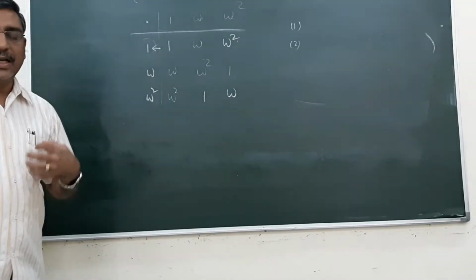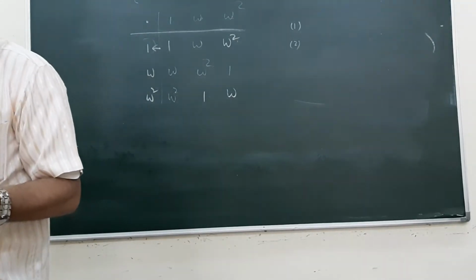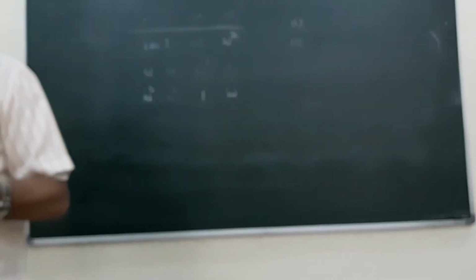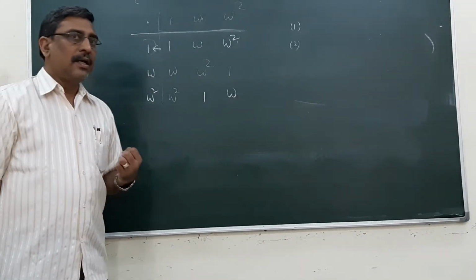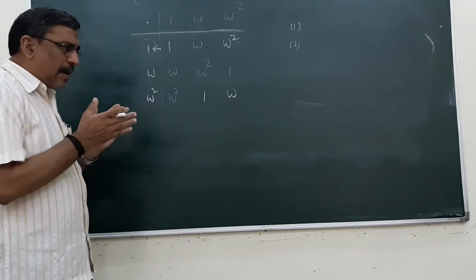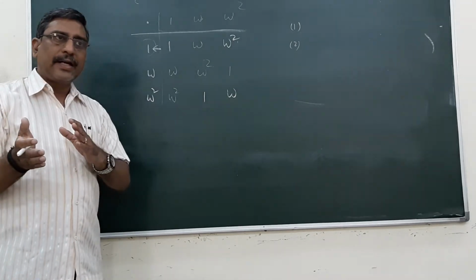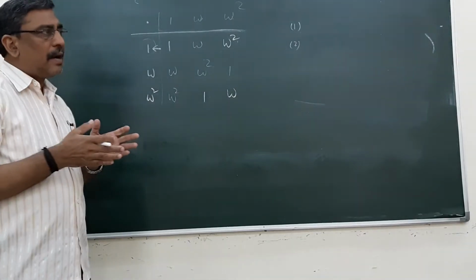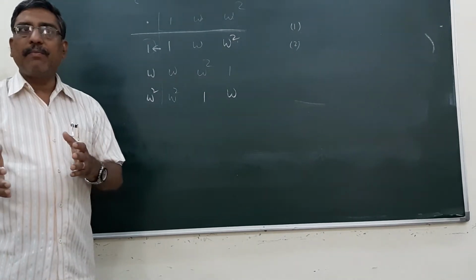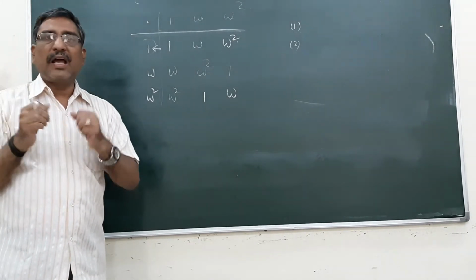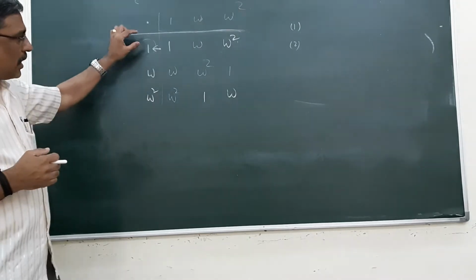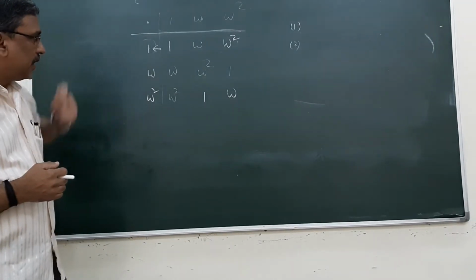Here I speak of left identity, right identity, left inverse and right inverse. Here we see that left identity and right identity are the same, and left inverse and right inverse will be the same, but later on it may differ. So here I discuss the left identity as 1.